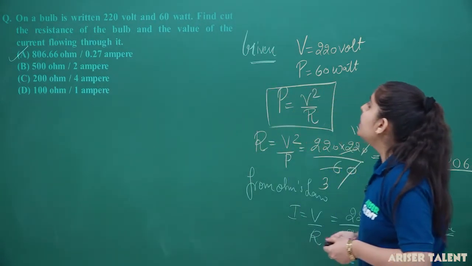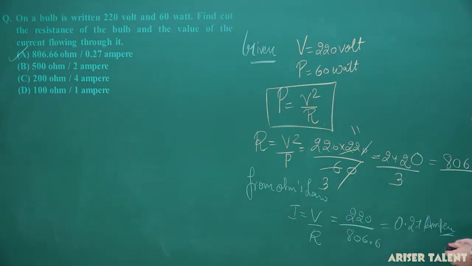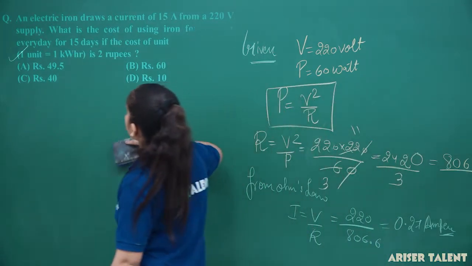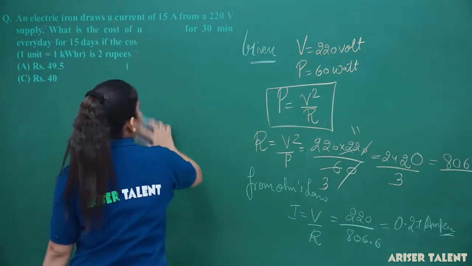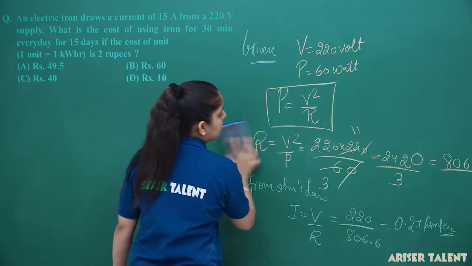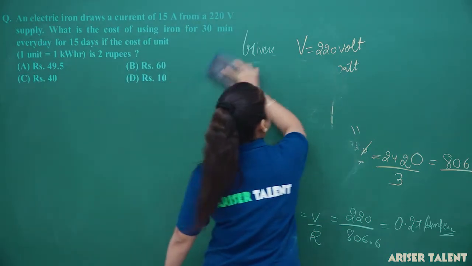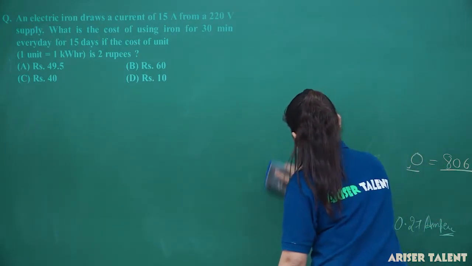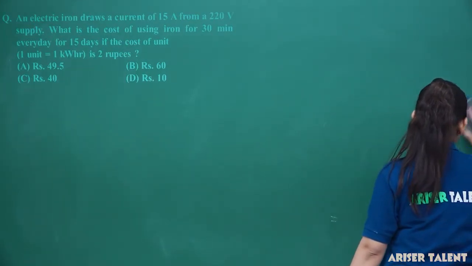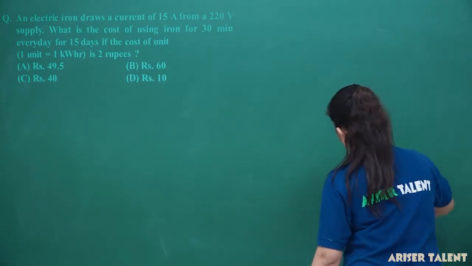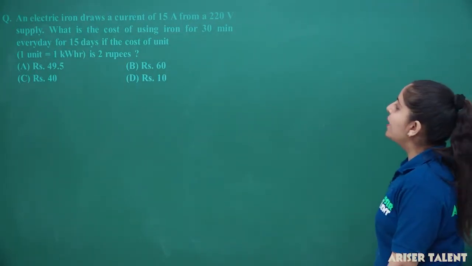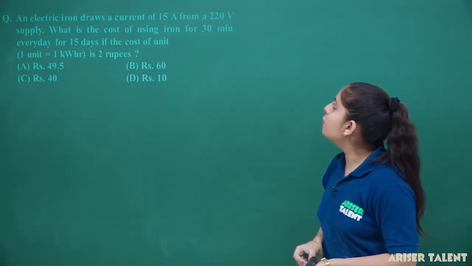Now let's move to the next question in this sequence we have. An electric iron draws a current of 15 ampere.